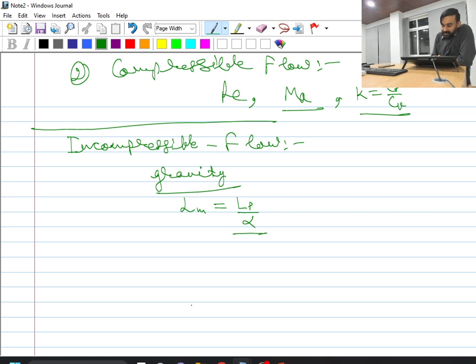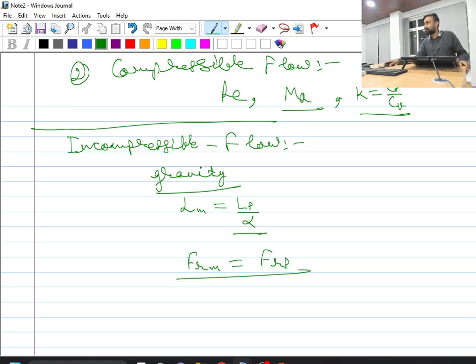The second important point is that if the flow is incompressible and gravity comes into the picture, then the Froude number is the important parameter which can give me the scaling between length and velocity scales. Because if length and velocity scales are satisfied, then kinematic similarity is ensured. So I must equate the Froude number of the model to the Froude number of the prototype.